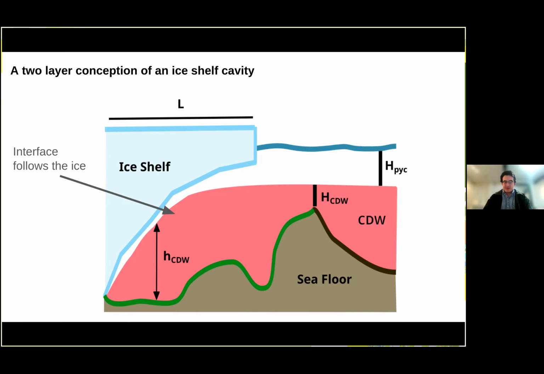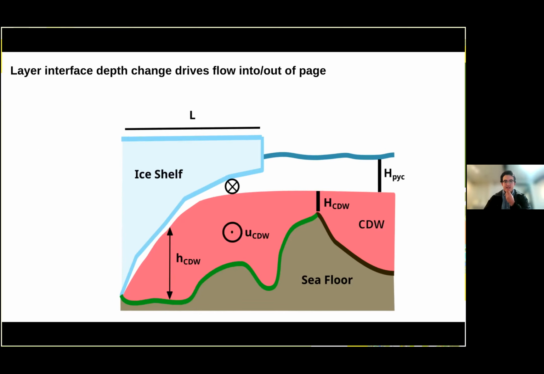And so if the CDW interface follows that ice, we know that that is going to induce geostrophic velocity, like a thermal wind.